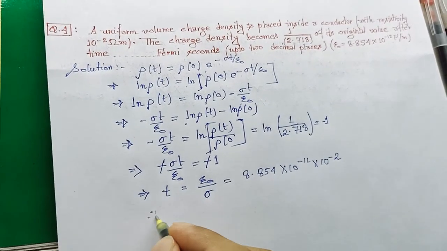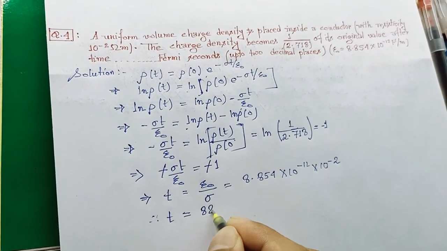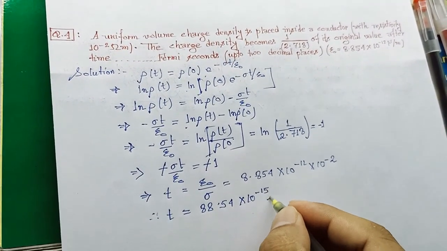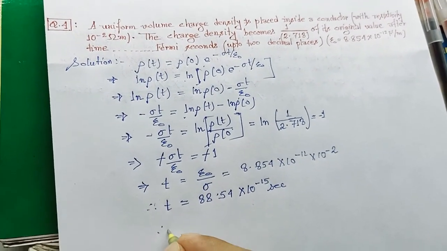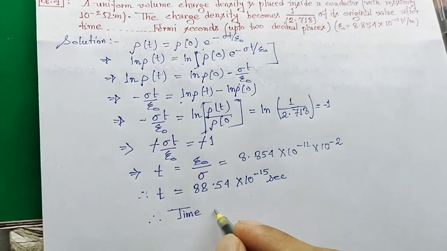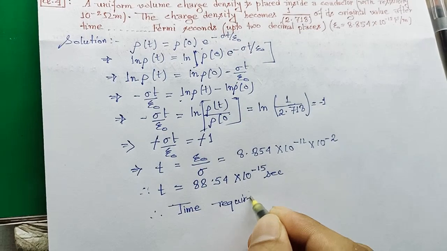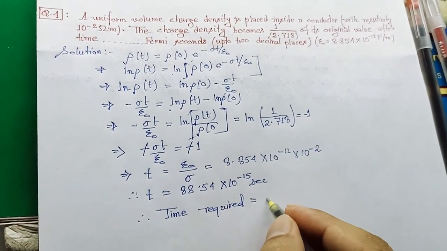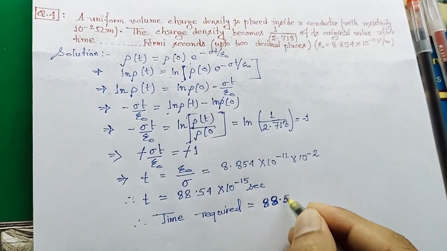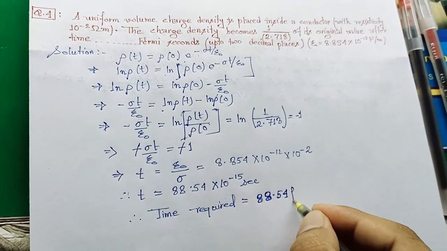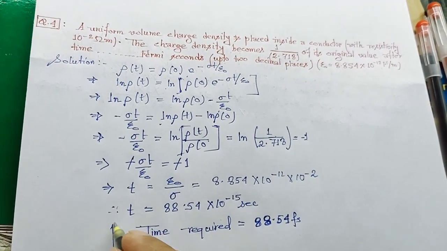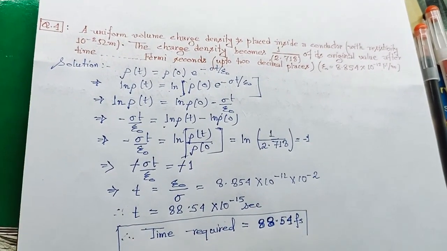Therefore we can write the value of time t will be equal to 88.54 into 10 to the power minus 15 second, or we can write the time required will be equal to 88.54 femtosecond. So this is our required answer.